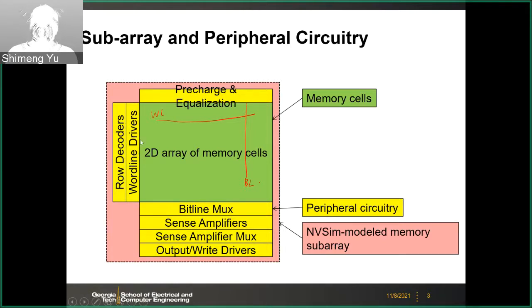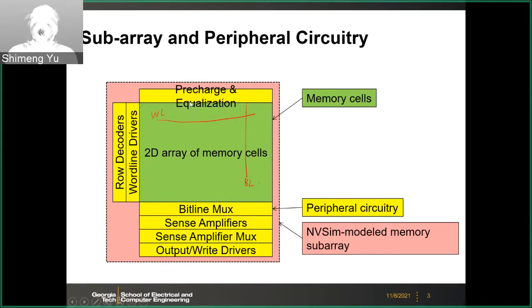And then before the signal arrives at the word line, we need to use this word line driver to drive the long wire along the word line, because the word line will have significant parasitic capacitance. And then we have to use some drivers to drive the node capacitance to meet the certain timing requirement.